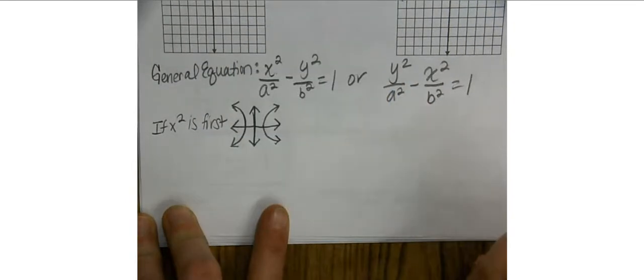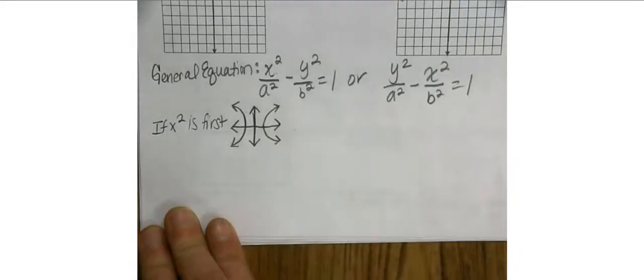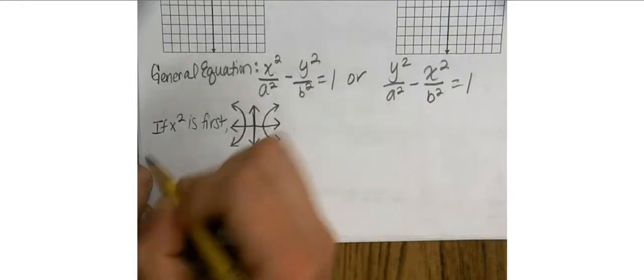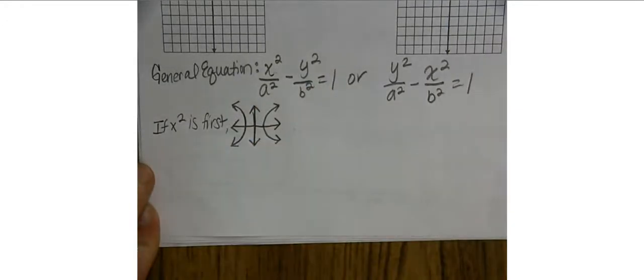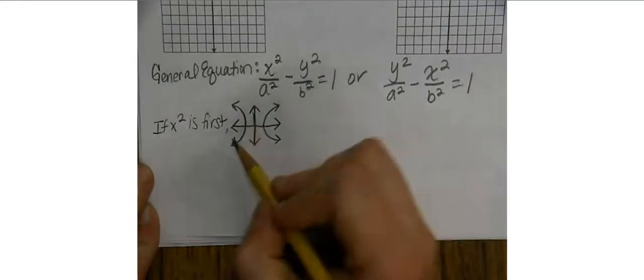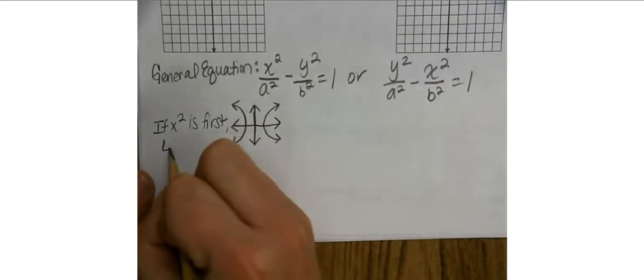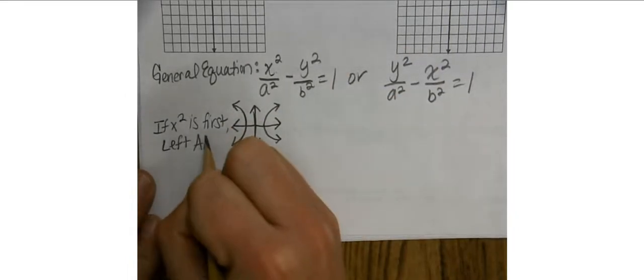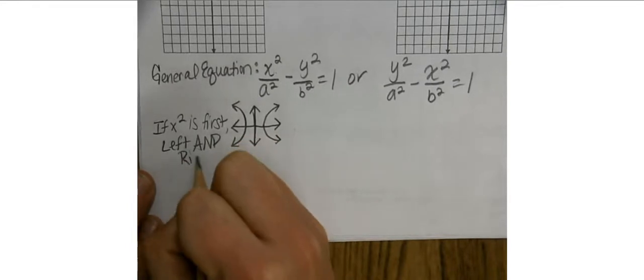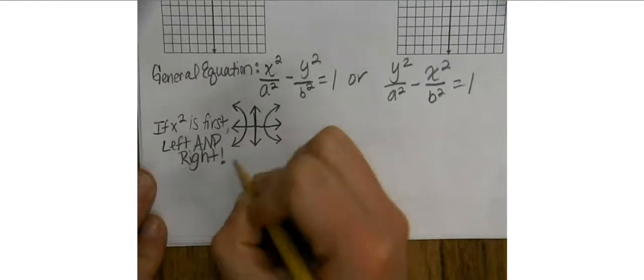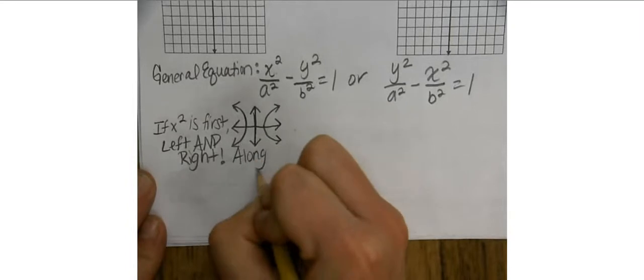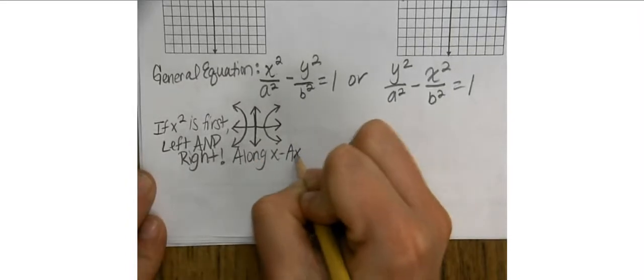You're going to have two parabolas that you're going to be graphing back to back. So then this is what your graph will look like. Your hyperbolic shapes, or it kind of looks like a parabola, but your hyperbolic shapes will be pointing to the left and right along the x-axis, because x squared came first.